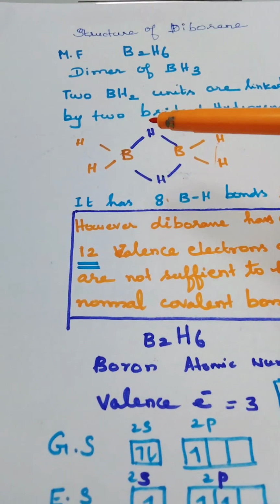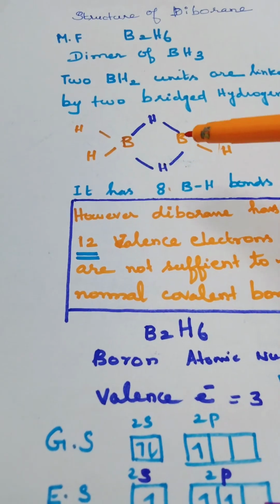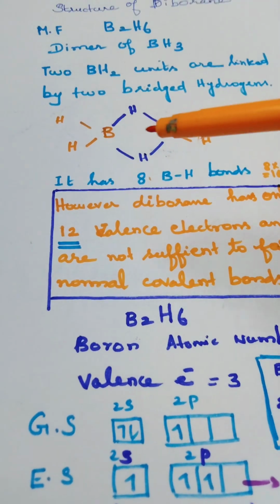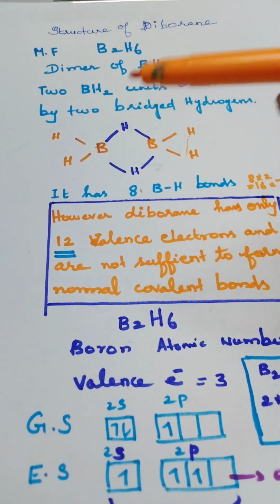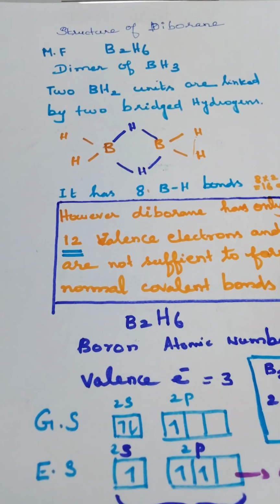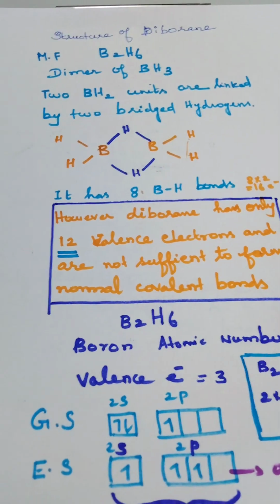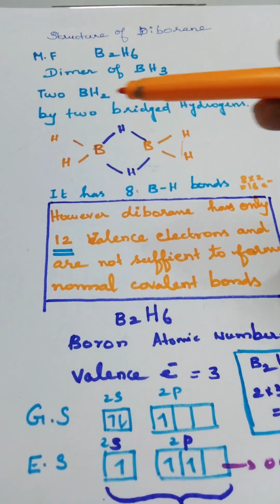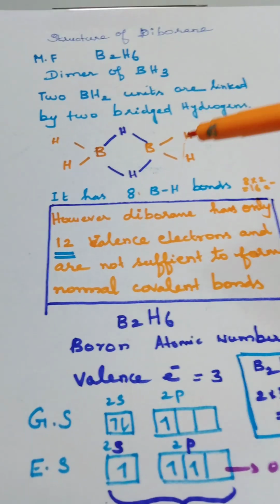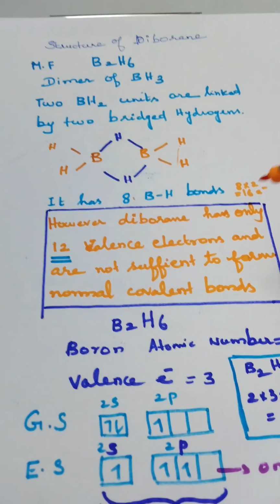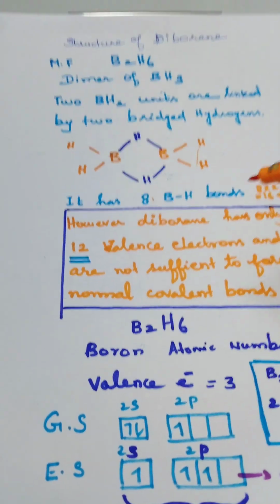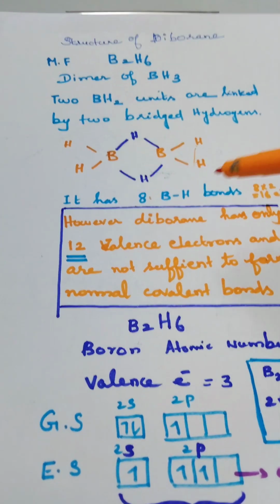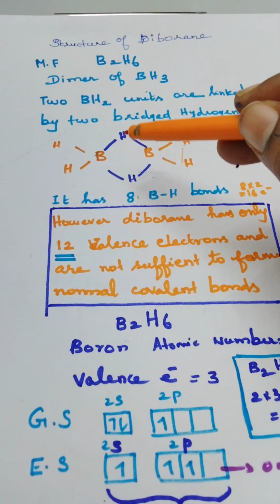Only these 2 hydrogen atoms are bridged hydrogen atoms. Why are bridged hydrogen atoms formed? Because of deficiency of electrons. In order to form 8 BH bonds, it needs how many electrons? 16 electrons. But in diborane, only 12 valence electrons are present. That's why these two bridged bonds are formed.